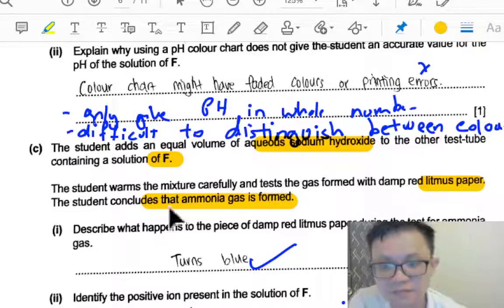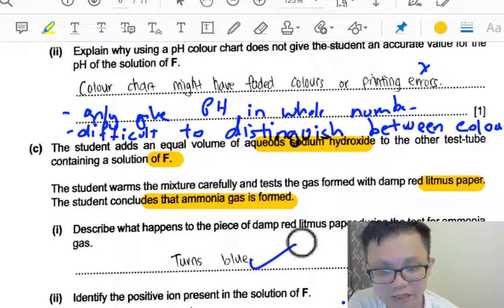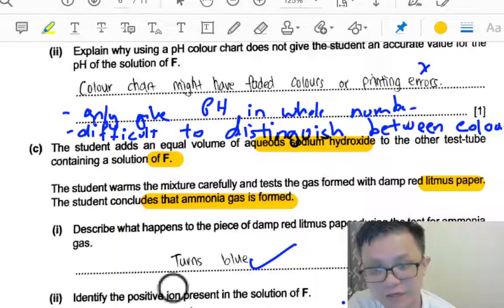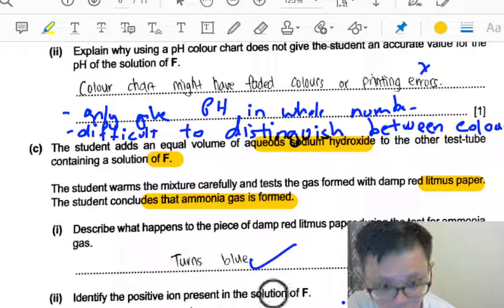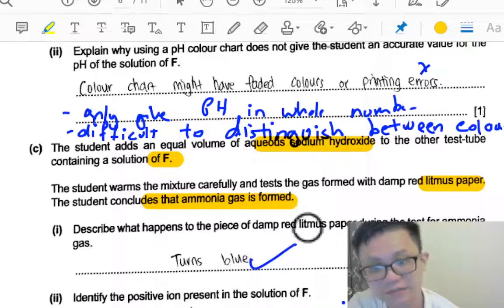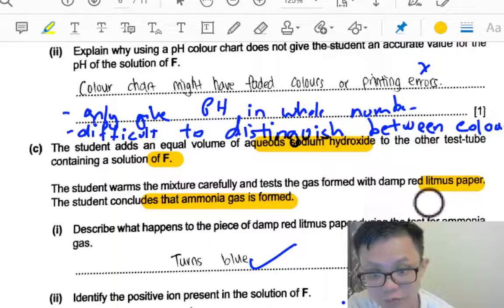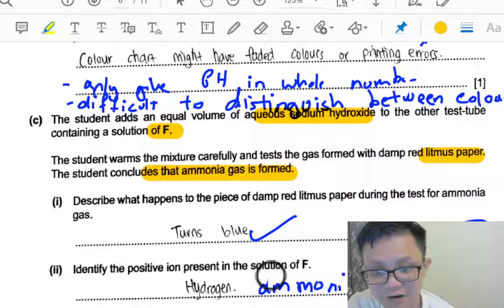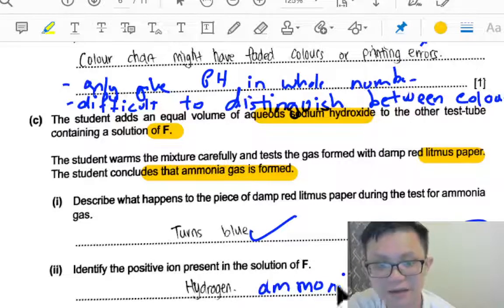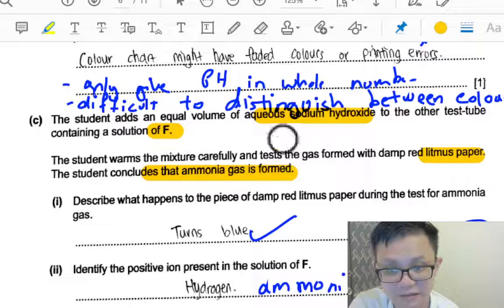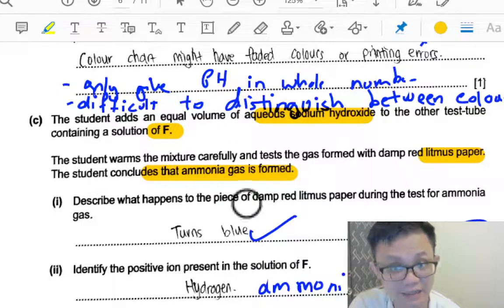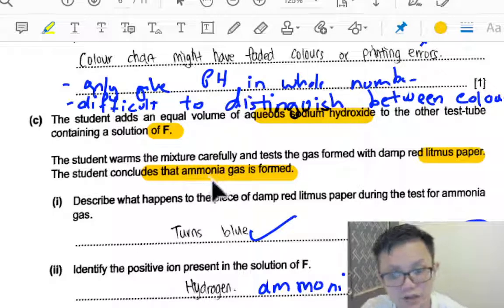Okay. Describe what happened to the piece of damp litmus paper during the test for ammonia. It will turn blue, correct? Okay, it means it is alkaline. Okay, red to blue. Identify the ion. Okay, so the ion will be ammonium, the positive ion here, NH3.